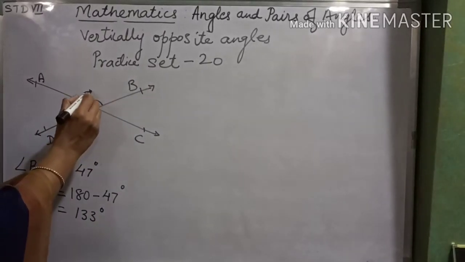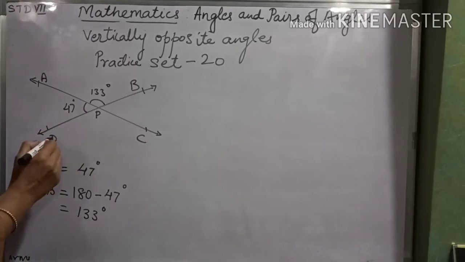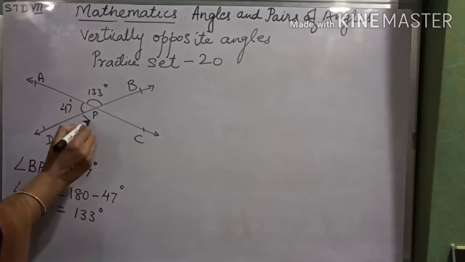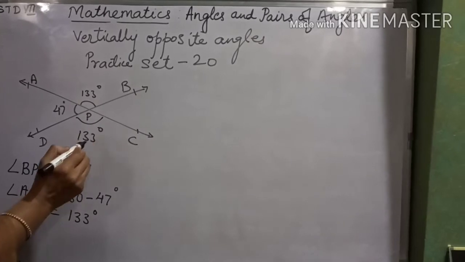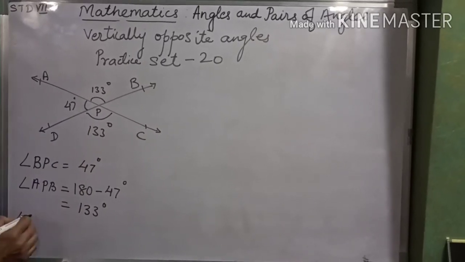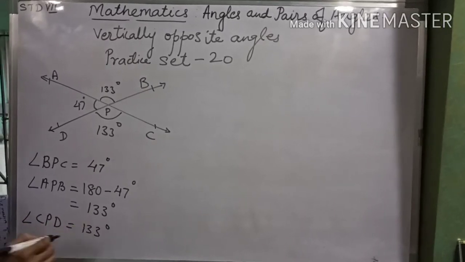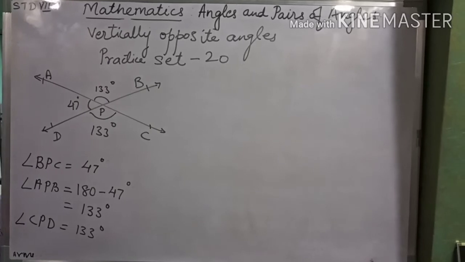Now if this is 133 degrees, the opposite angle DPC or CPD will be 133 degrees. So the last one, angle CPD is 133 degrees. Now the next question.